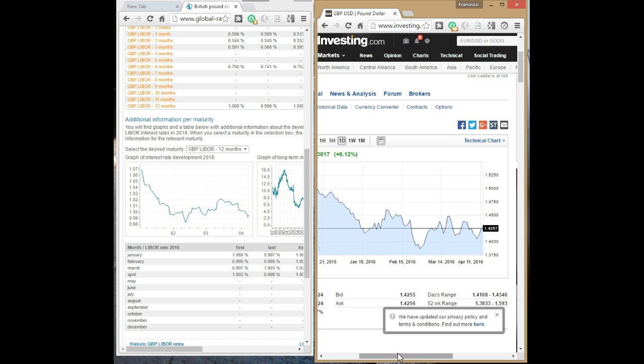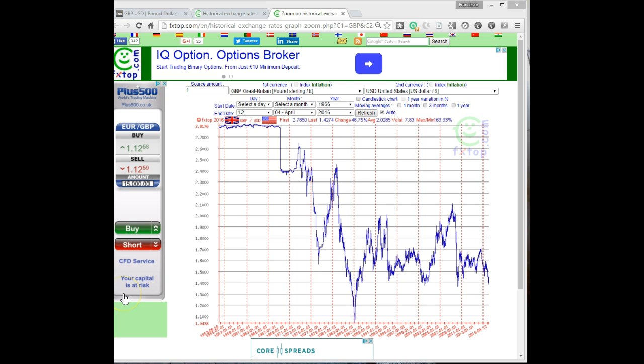We know that if we look at the historic rates on fxtop.com, the historic chart here for the pound US dollar, you can see from the 1950s, I've basically given you about 50 years from 1966 to 2016.